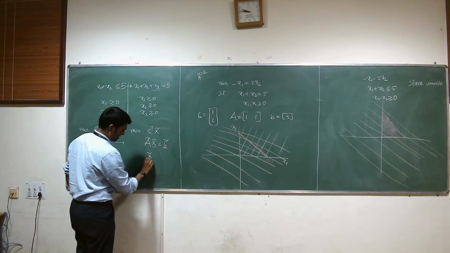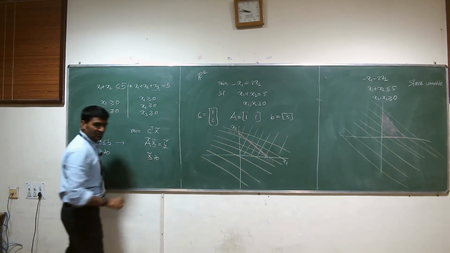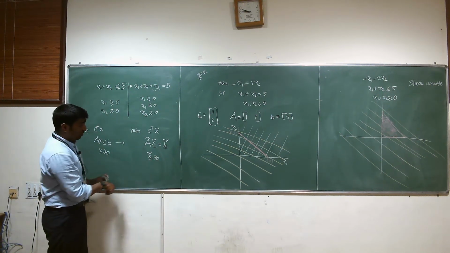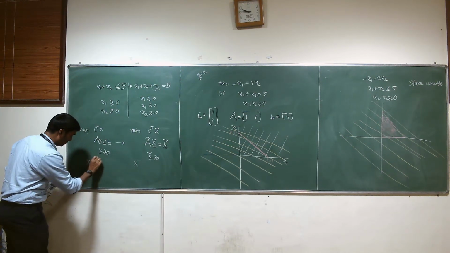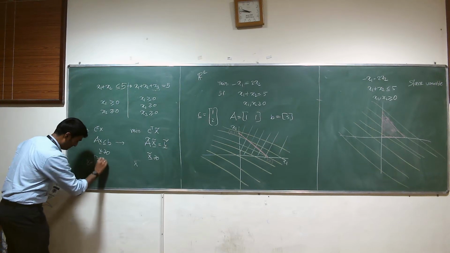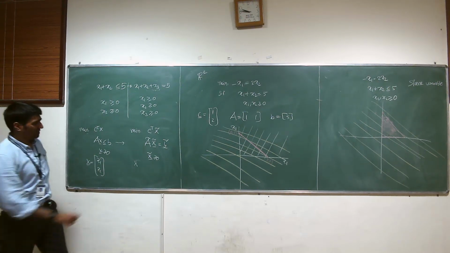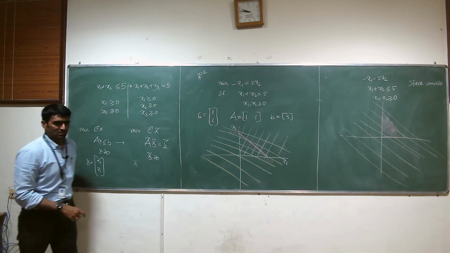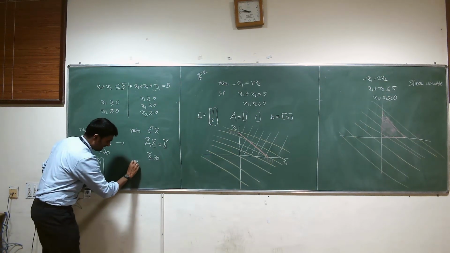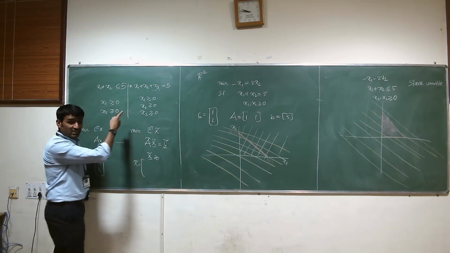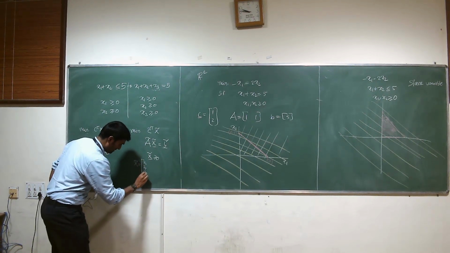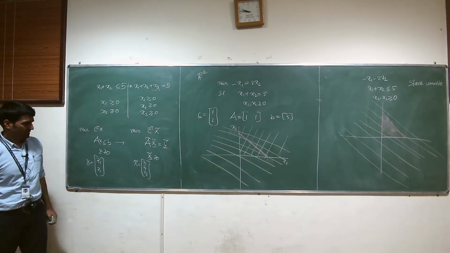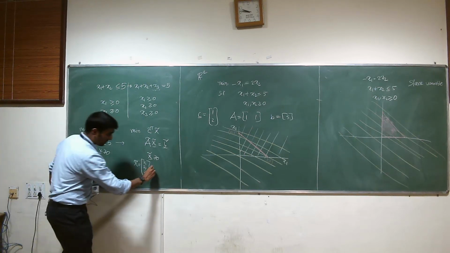But now your x, where x here was only x1, x2, well, this should also be x tilde. Now it's got 3 variables, right? So this will be x1, x2, x3.